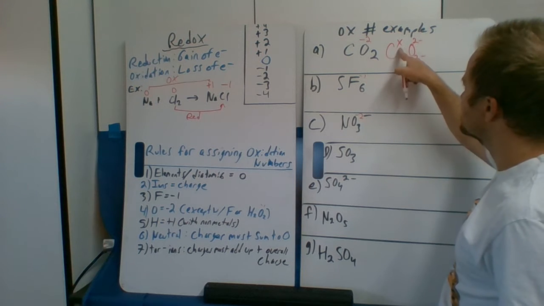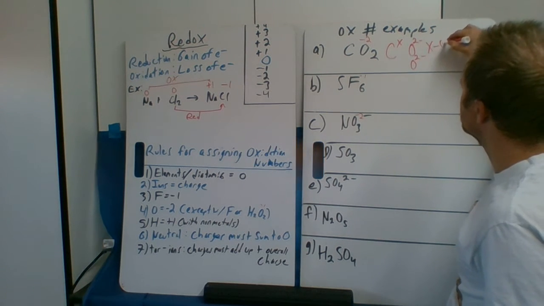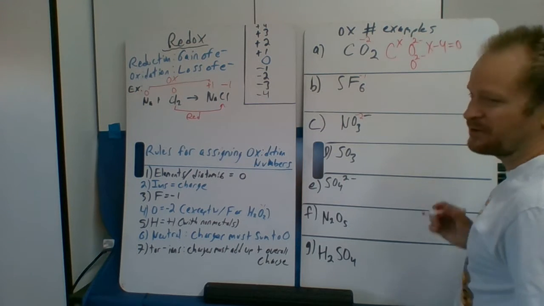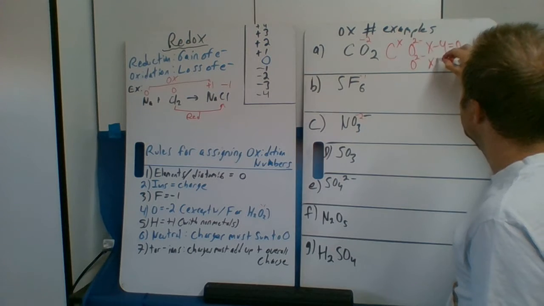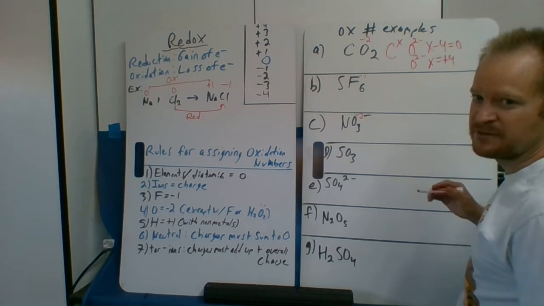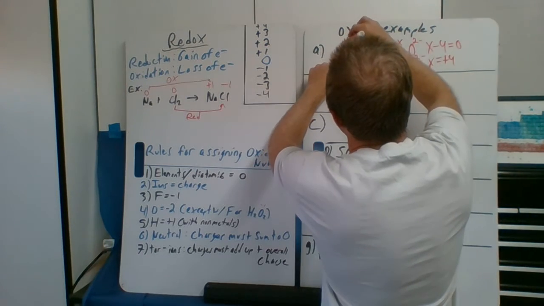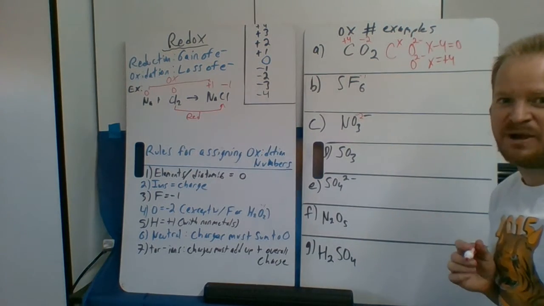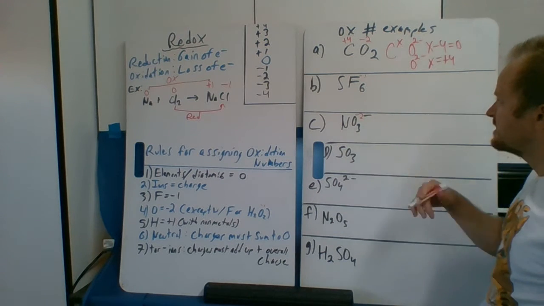So what is X? If you add up these negatives, X minus 4 equals 0. If you solve for X here, X would have to be +4. And that's what your carbon is going to be. So that is +4. So now just do the same for B and C as well.